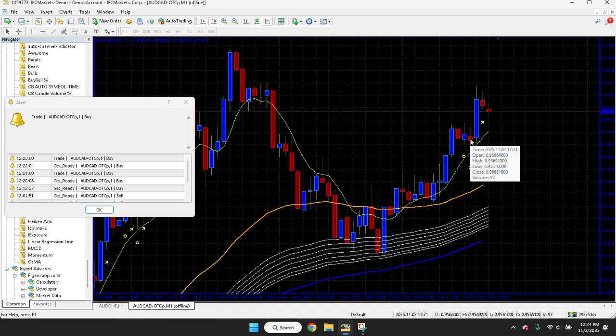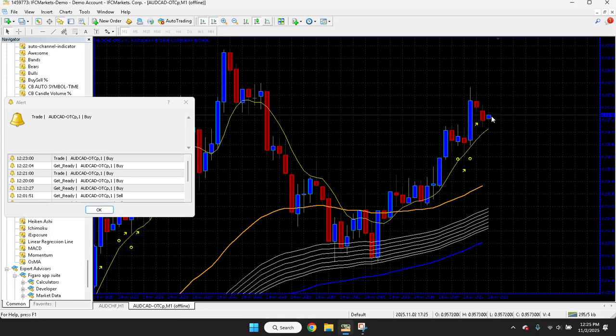Now I'm assuming I put it in over here for a 5 minute. We have to wait for this candle to finish out to see if that would have been a winner on a 5 minute trade.